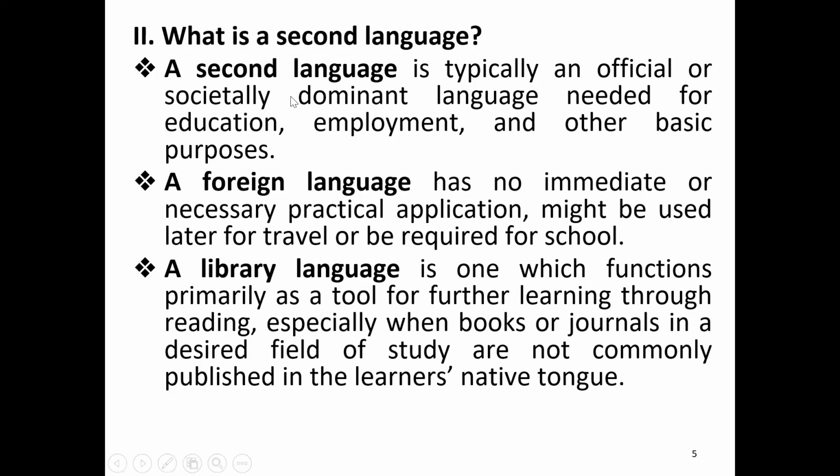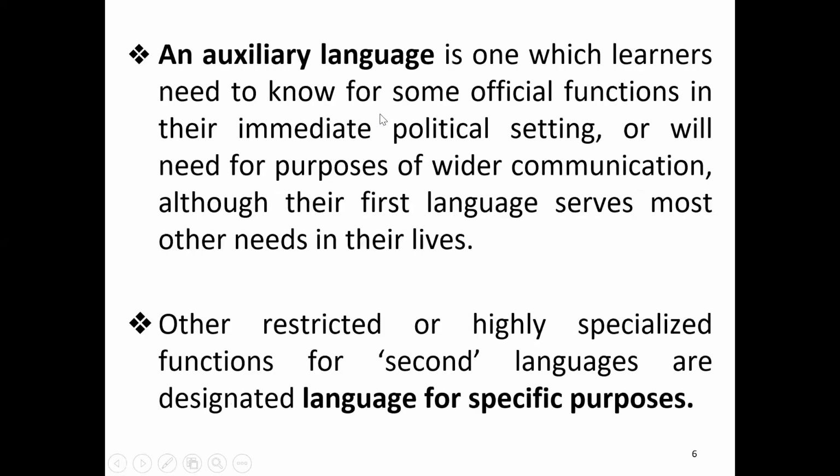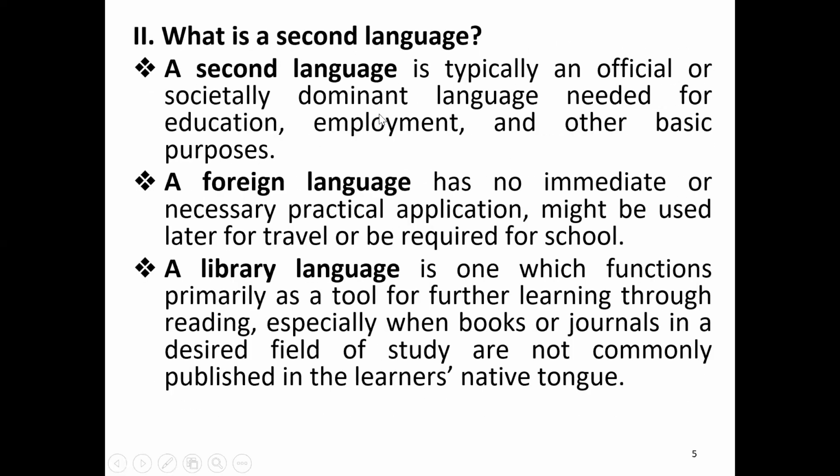So these are the key terms you need to know relating to second language. The first one is, what is a second language? A second language is typically an official or societally dominant language needed for education, employment, and other basic purposes.